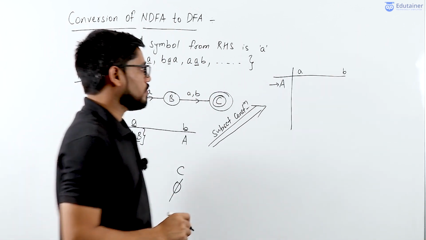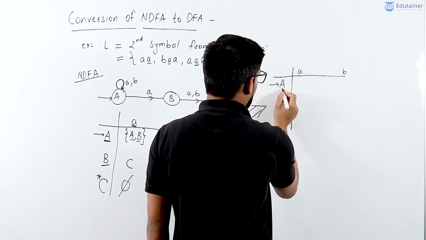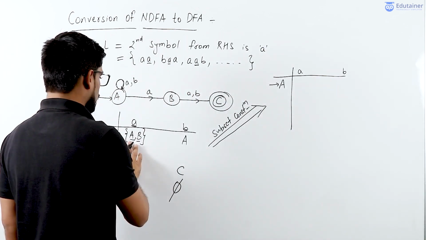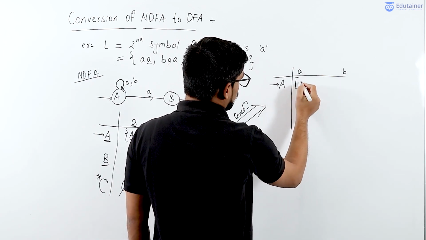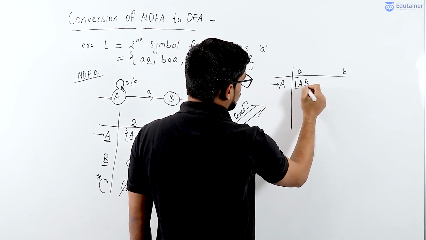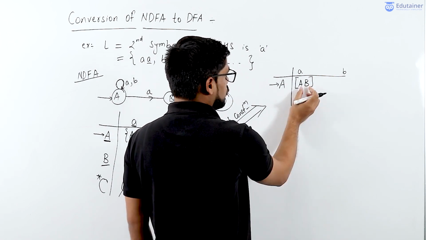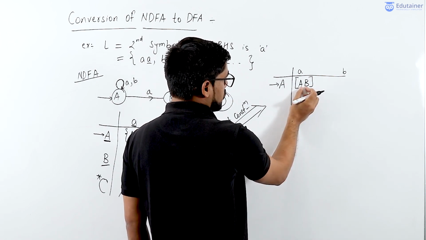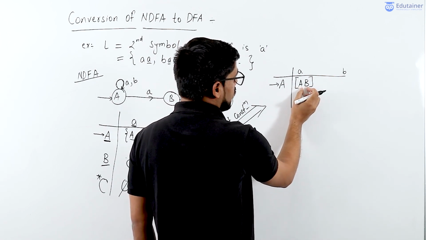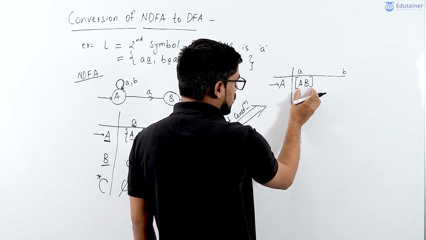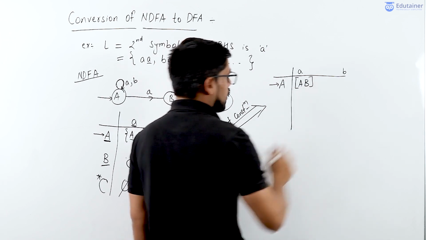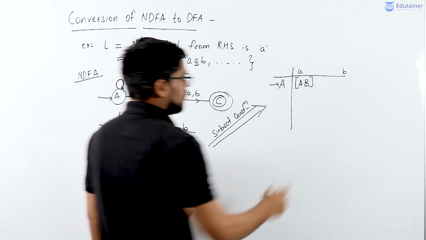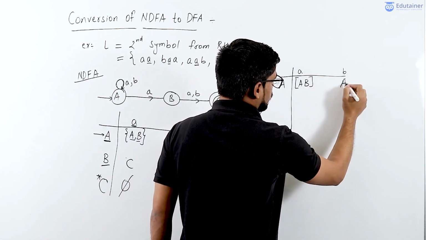On capital A, the moves are AB and A. Here square brackets are used to denote the merged states. You can call it a single state, but this single state is denoted under the square bracket symbol, and here the move is capital A.